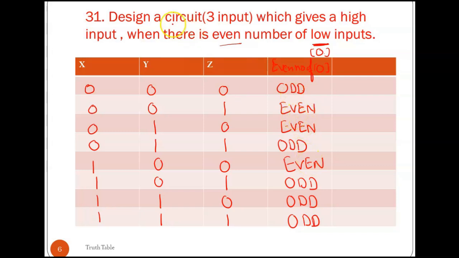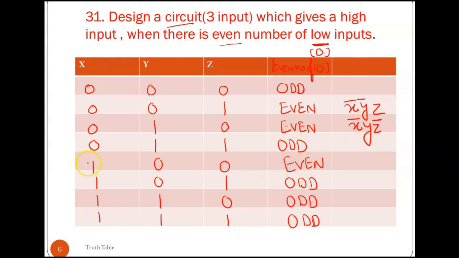So for this we have to draw the circuit diagram. Please write down the expression for this even. For 0 it is bar, and for 1 it is without bar. So X bar, Y bar, Z. We have X bar, Y bar, and Z. Now please check X bar, Y, Z bar. Okay, and this one you can ignore.